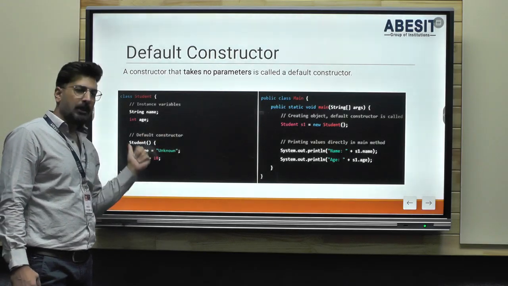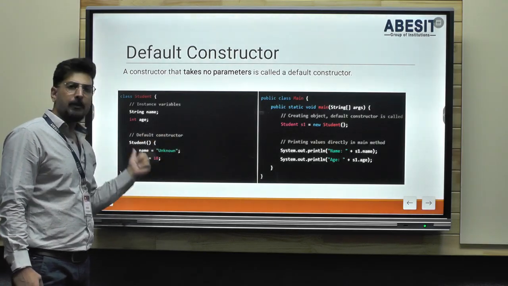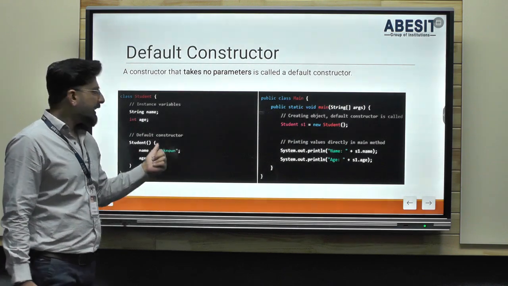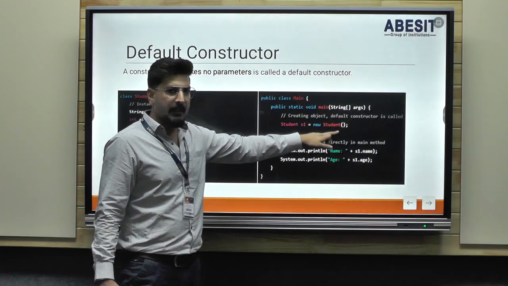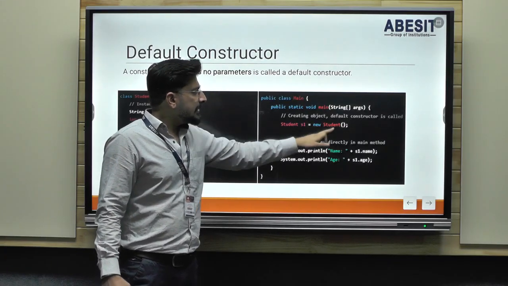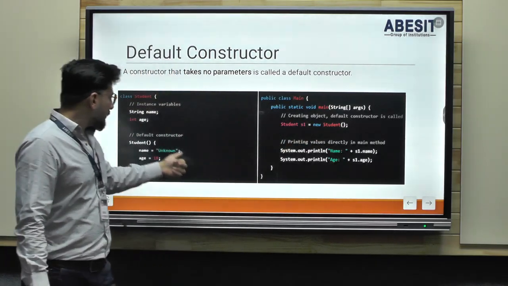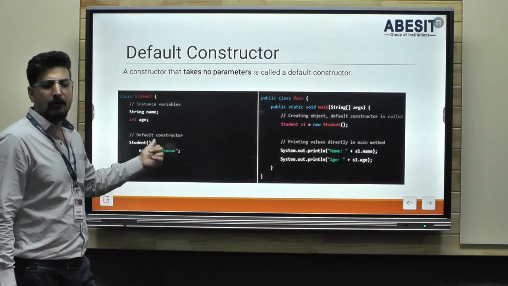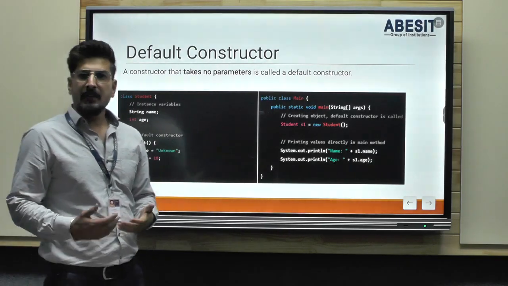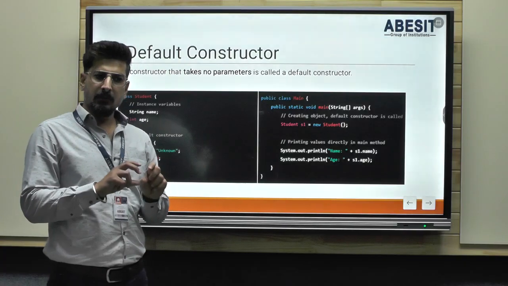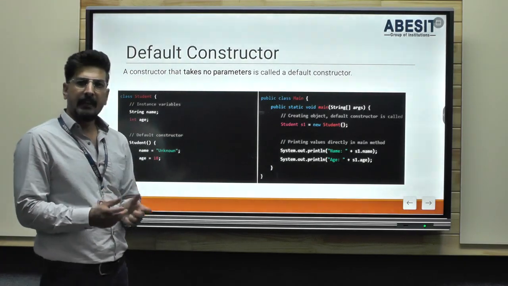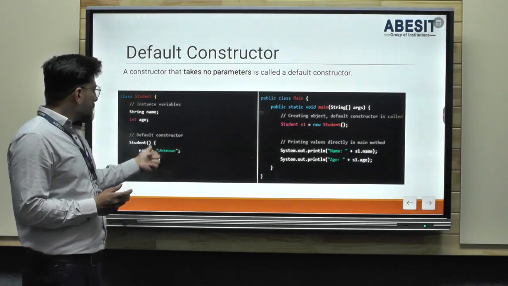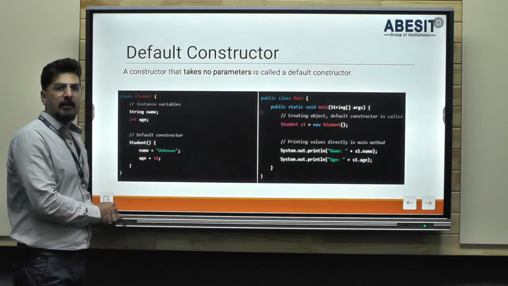That is the main purpose of a constructor, to initialize the instance variables, or you can say, when you are creating the object, the object is initialized by that particular default constructor. So the default constructor is there to initialize the object, and its definition is that it doesn't contain any parameterized values. There is no parameter in the constructor.